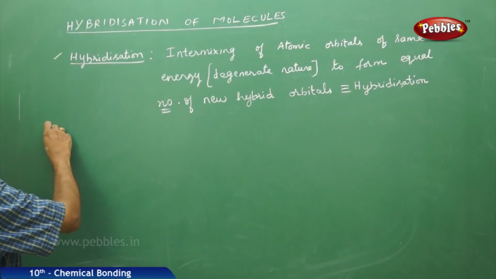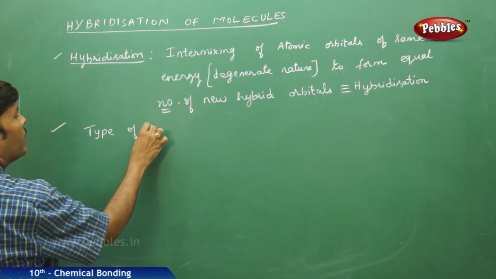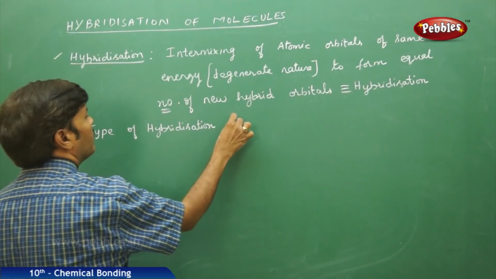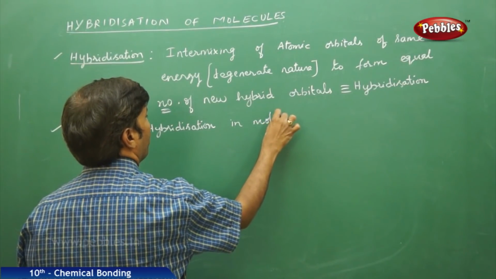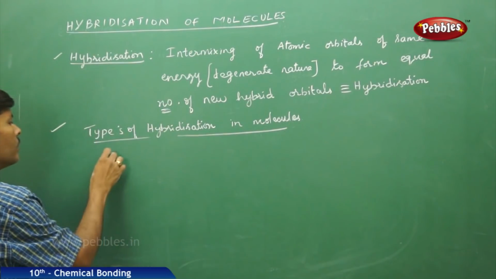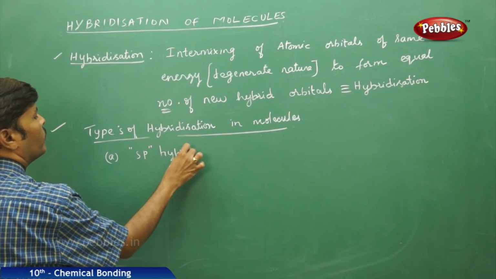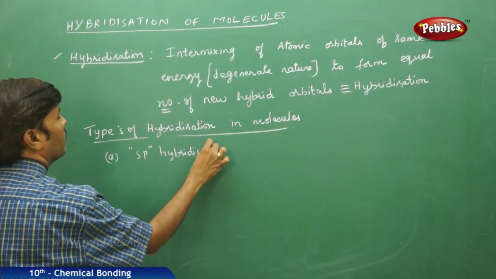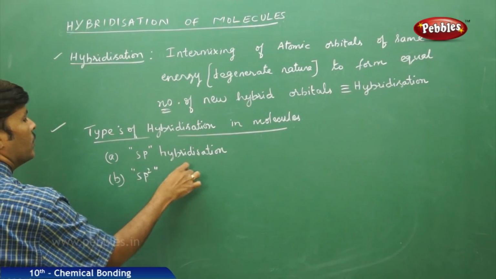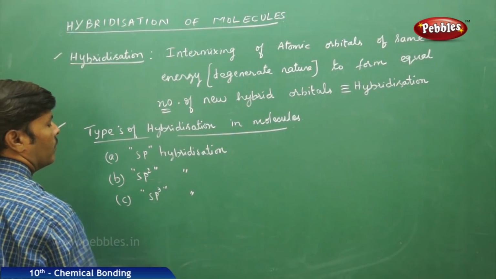The hybridization in molecules, the types of hybridization in molecules are, here you can take sp hybridization, sp2 hybridization, sp3 hybridization.